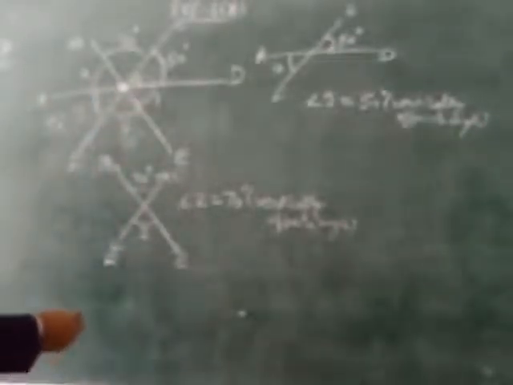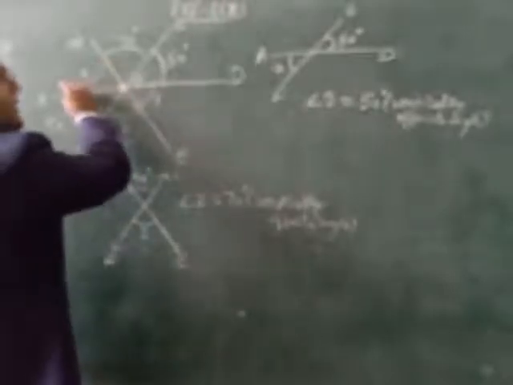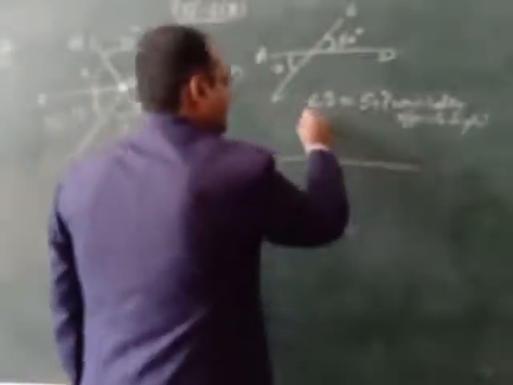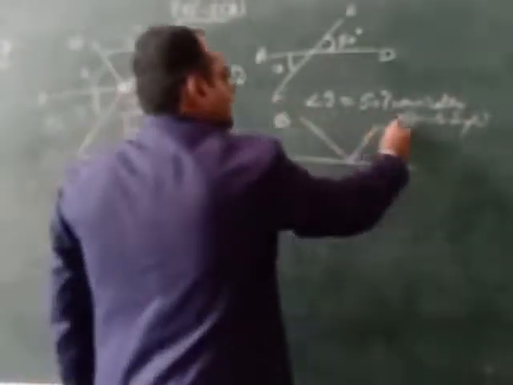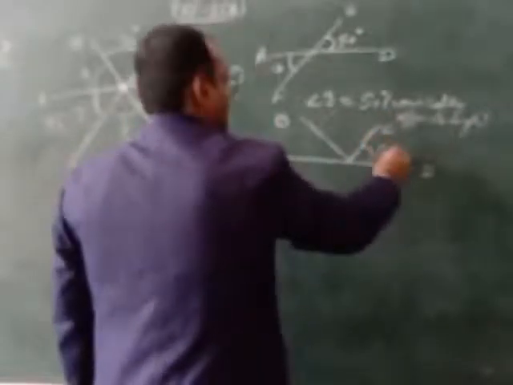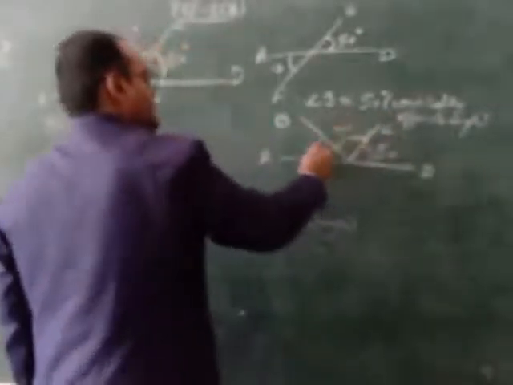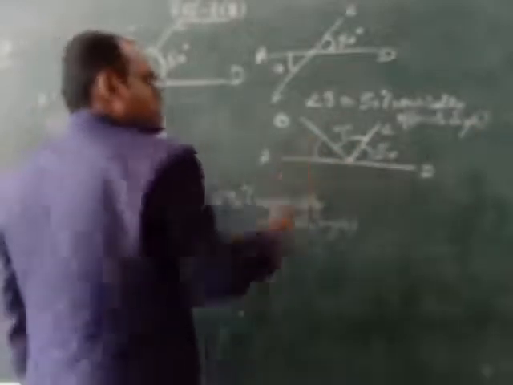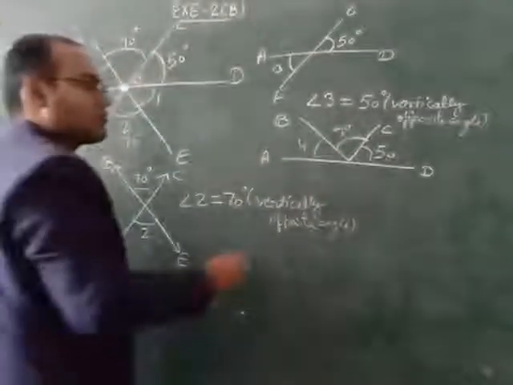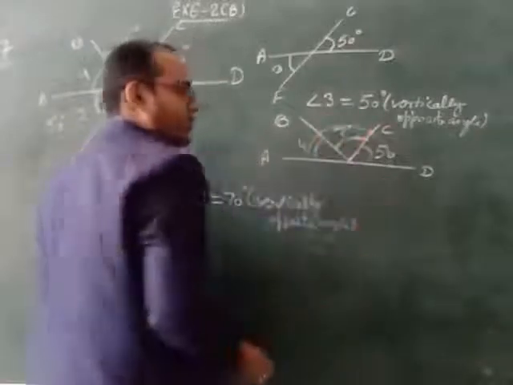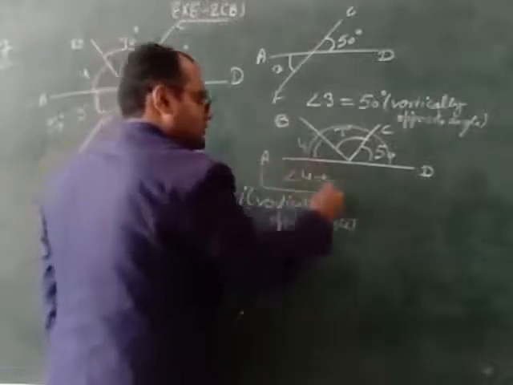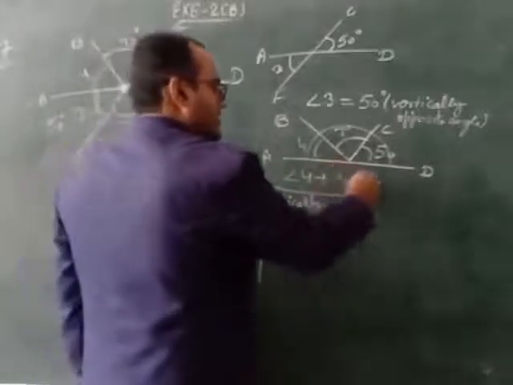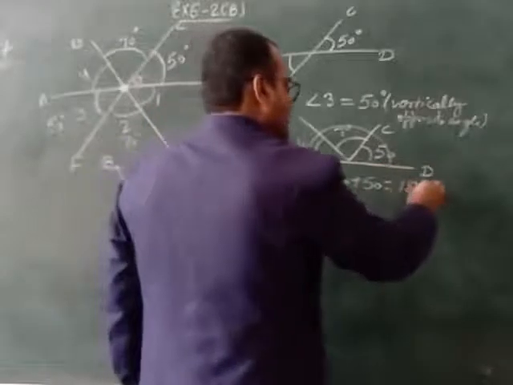Now angles 4 and 1, these two we also have to find. In order to find the fourth angle, we have to take this straight line AD, with points A, B, C, D, the 50, this one is 70, and this angle is 4. Here we have to use the property angle on a straight line, and take the sum of all these three. Angle 4 plus 70 plus 50 is equal to 180 degree.